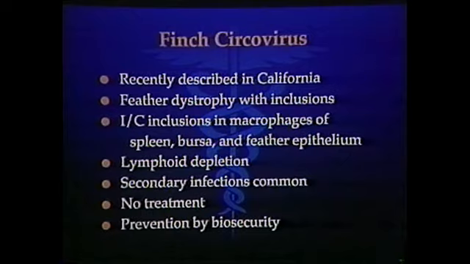Lymphoid depletion and necrosis may be observed. Secondary infections are common. As with most of the other circoviruses, there is no treatment, and the disease can only be prevented by biosecurity. So disease has been described in finches and infrequently in canaries.